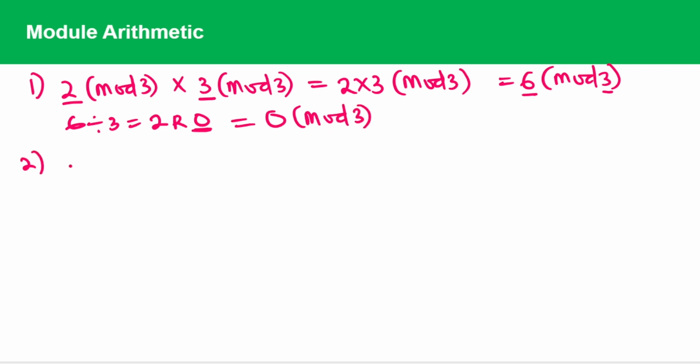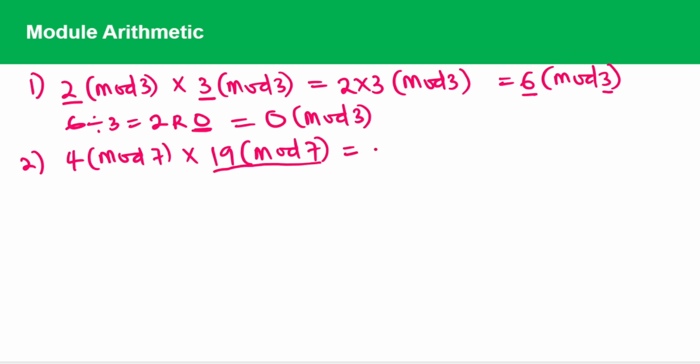Now number 2, suppose I have 4 mod 7 times 19 mod 7. Again, I can choose to do this directly by multiplying both numbers, or I can choose to first simplify 19 mod 7. So let's do it directly. So 4 times 19, then mod 7.